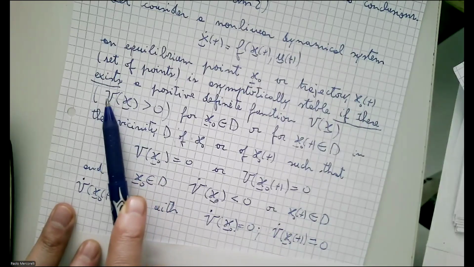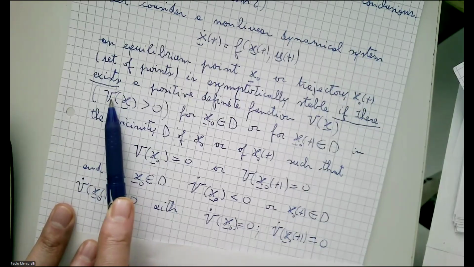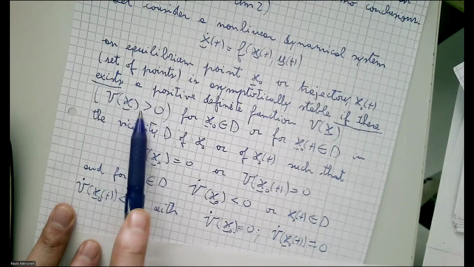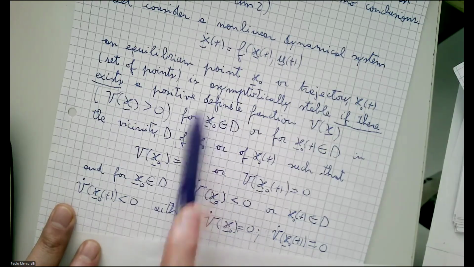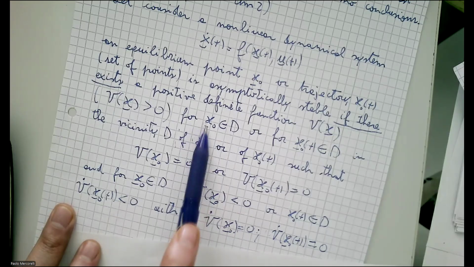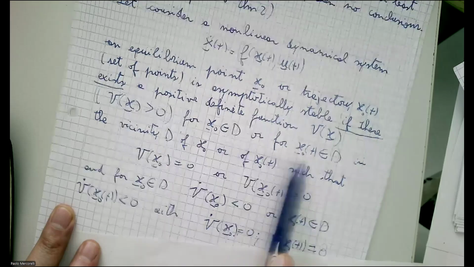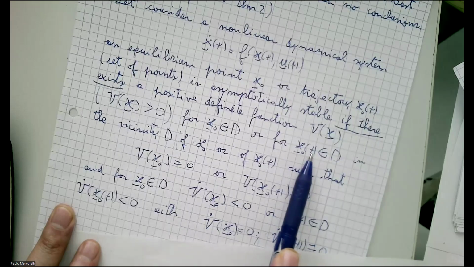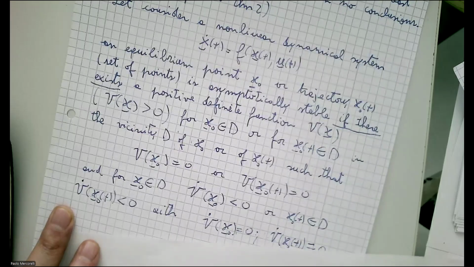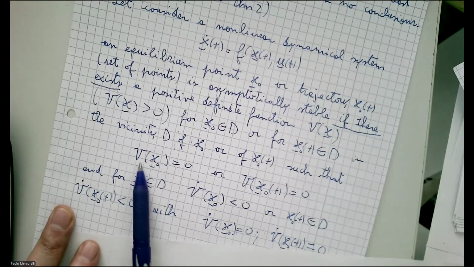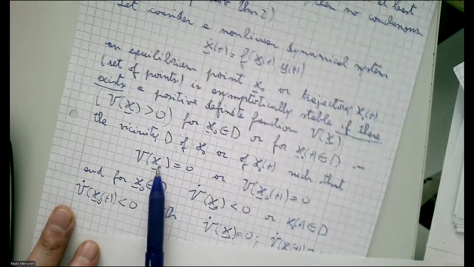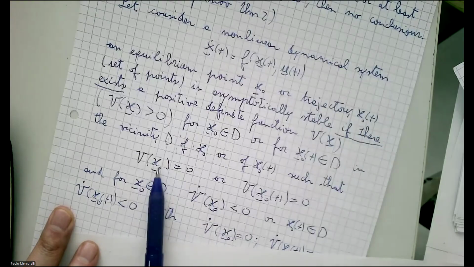A Lyapunov function candidate V of x positive, in a region around an equilibrium point. It could be a natural equilibrium point, but could be any kind of equilibrium point, or also a trajectory, x0 of t, whatever I want. At the equilibrium point or along the trajectory, it must be zero.